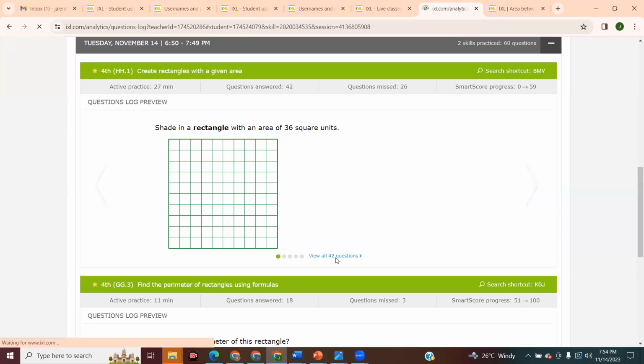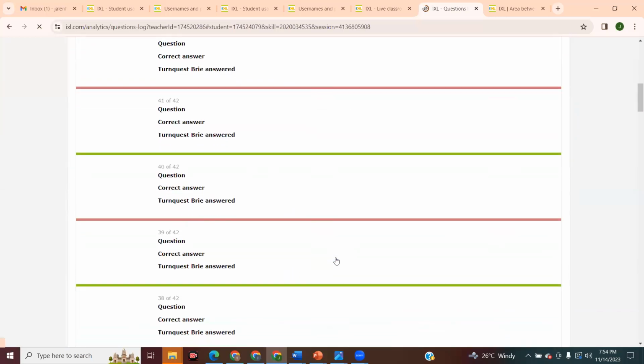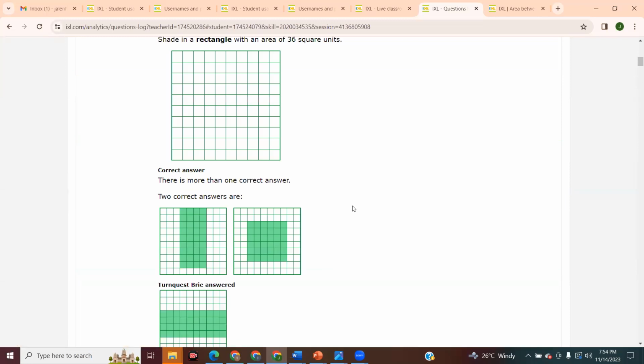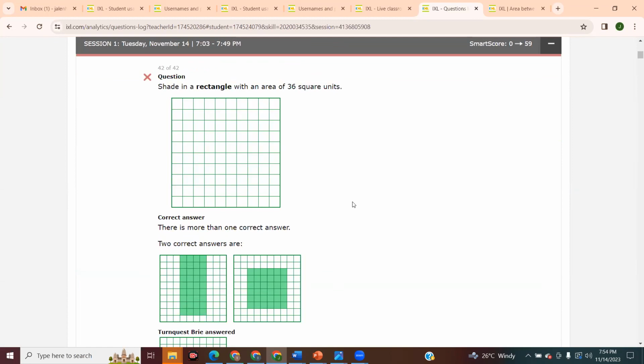Oh, this is easy. Okay. If you want 36 square units, right? You need to make sure that you have 36. So it's going to be 1, 2, 3, 4, 5, 6. Well, if you're doing 36, that could be 4 times 6.